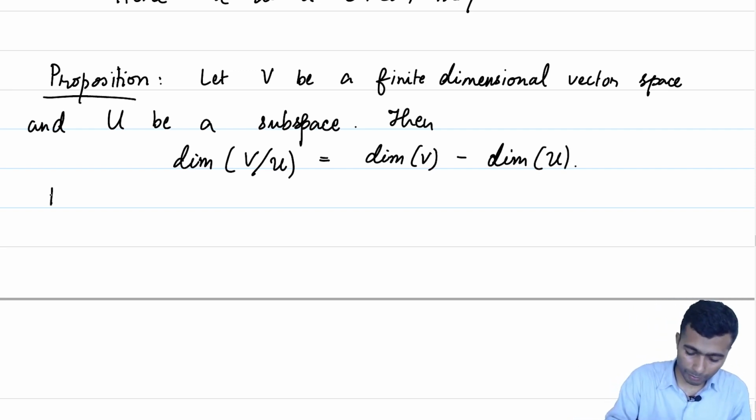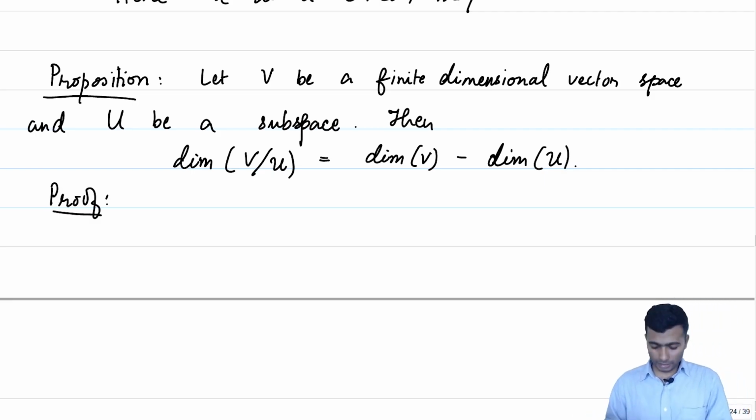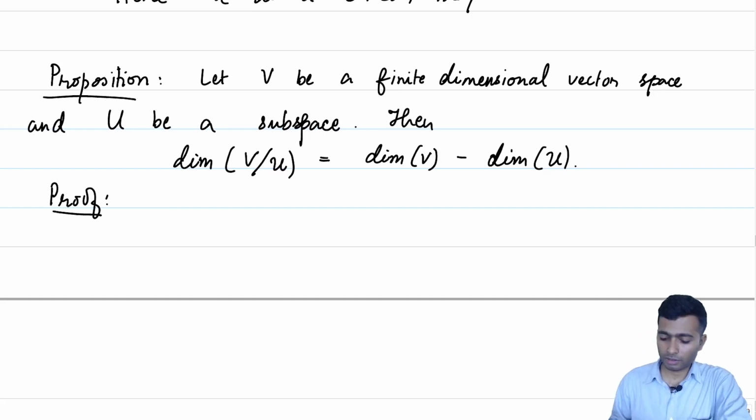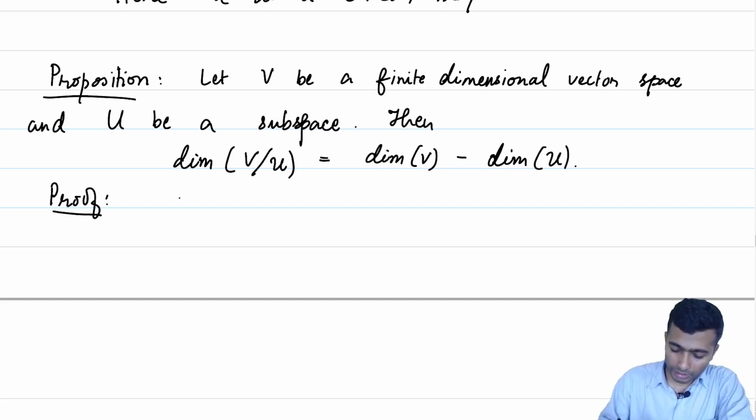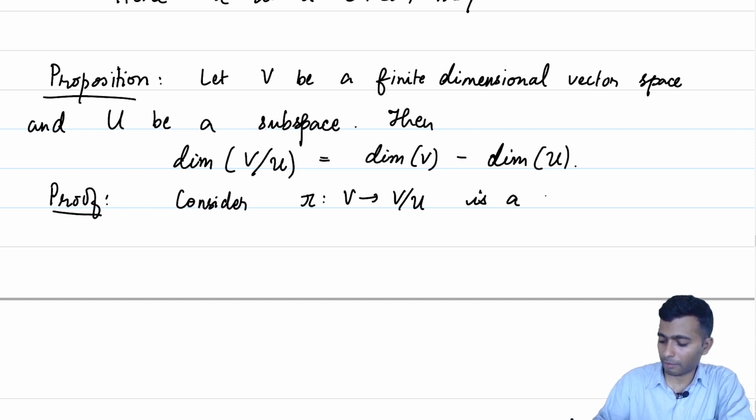Let us give a quick proof of this proposition, and as one would expect, there is the dimension theorem involved in the proof of this. So let us see the dimension theorem applied to what. We just noted that the quotient map pi from V to V mod U is a linear map, right?